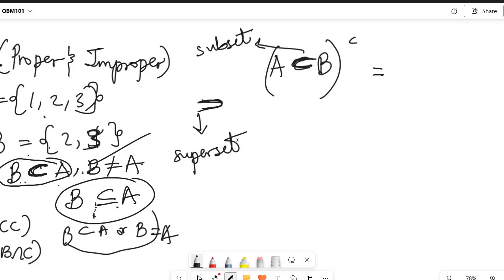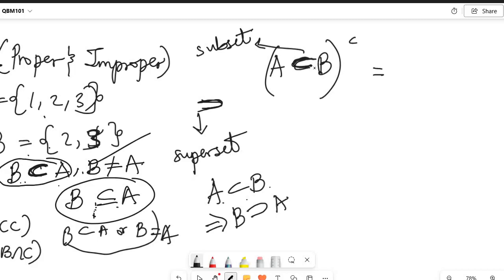So subset, you understand the idea of subset. So if I say A is a subset of B, this implies that B, on the other hand, will be a superset of A. I come again. If A is a subset of B, it means that B is a superset of A. That is, B swallows A. That is, B actually houses A. That's the idea.